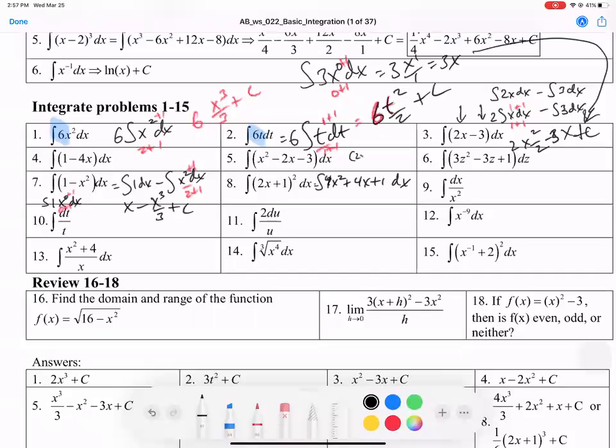If you want, you can take your time: 2x plus 1 times 2x plus 1. 2x times 2x is 4x squared. 2x times 1, 1 times 2x, 1 times 1. And then it's three separate problems. 4, 2 plus 1 is 3, over 3. 1 plus 1 is 2, over 2, plus x plus c.